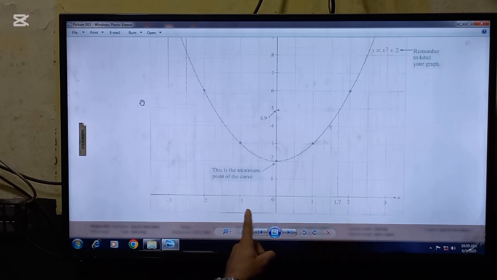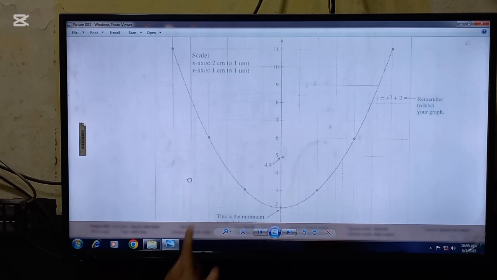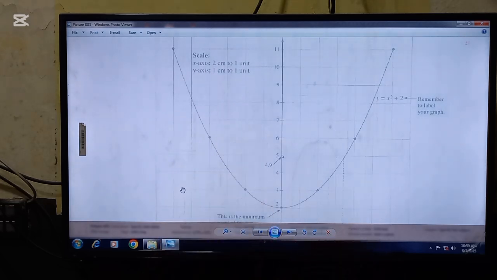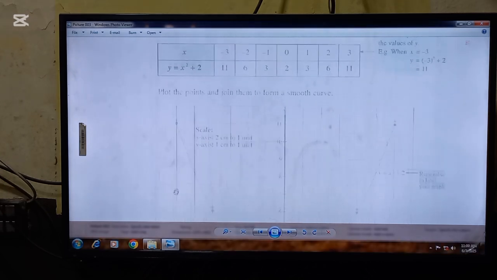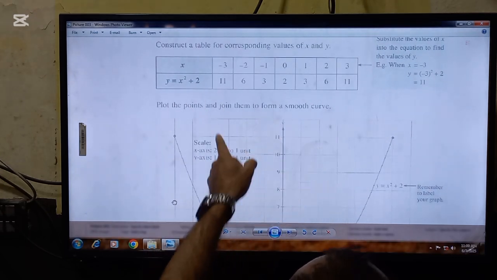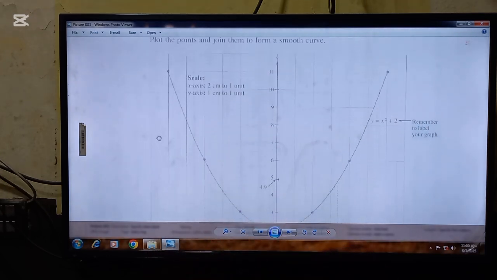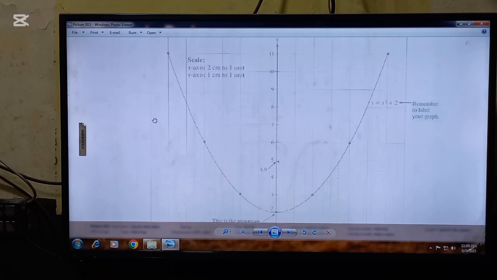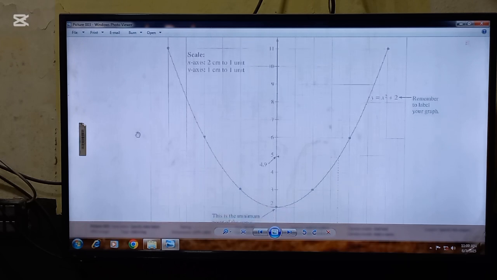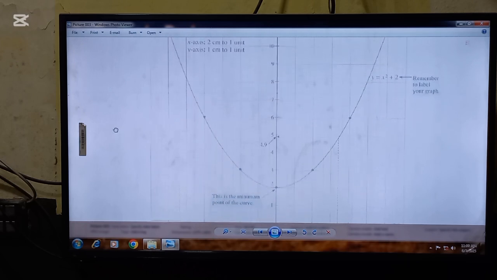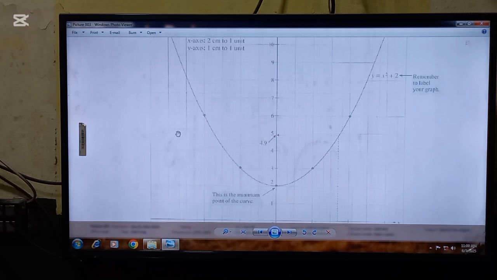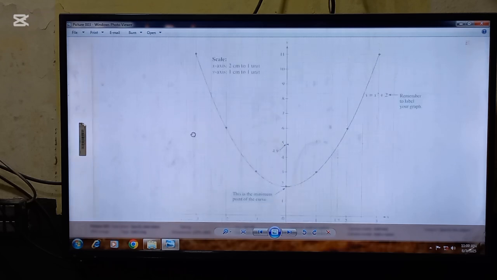So 2 centimeters for one value of x and 1 centimeter for one value of y. So look now, these are the units. Okay, now we will plot these values on the sheet of graph paper. So these are the points which are now plotted on the graph paper.